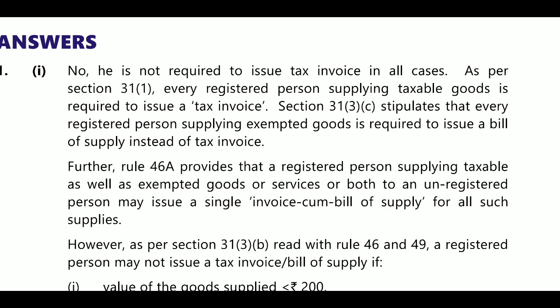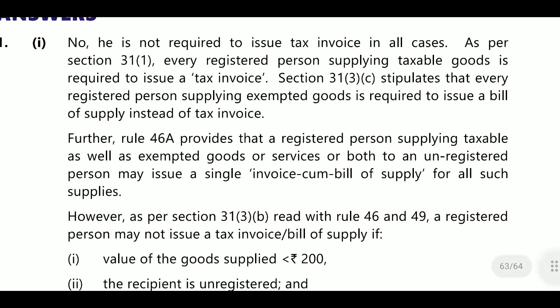And as per section 31(3), every registered person supplying exempted goods is required to issue a bill of supply instead of a tax invoice. So a registered person supplying taxable goods issues a tax invoice, and one supplying exempted goods issues a bill of supply.